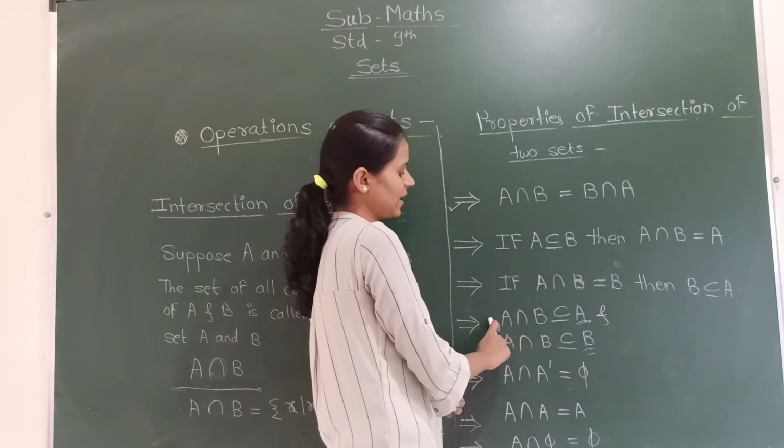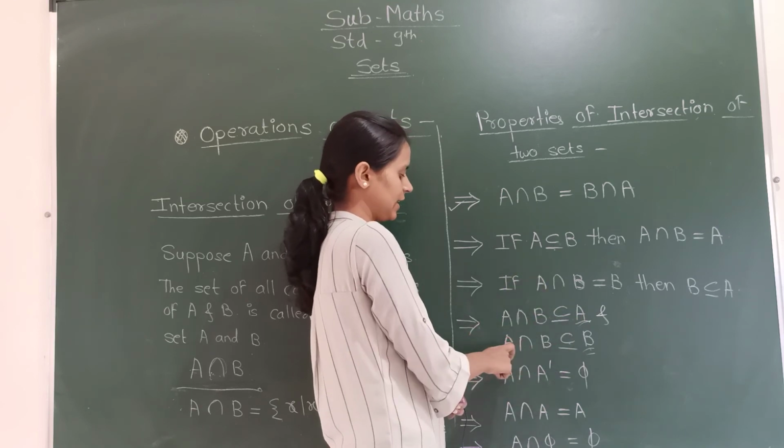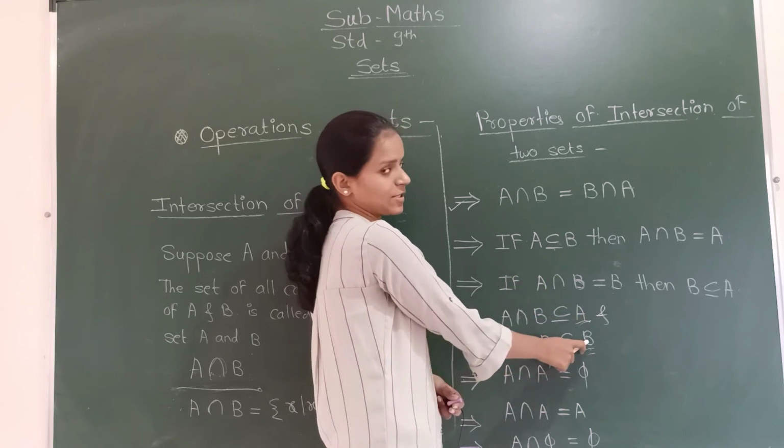So this is a property that A intersection B is a subset of A, or in case A intersection B is a subset of B.